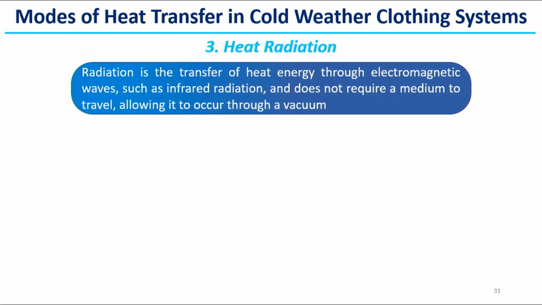And radiation is basically radiative heat transfer through electromagnetic waves, such as infrared, and it does not require a medium to travel. It can pass through a vacuum, but a medium is used to restrict the heat flow by radiation, where the medium can reflect the radiative wave.